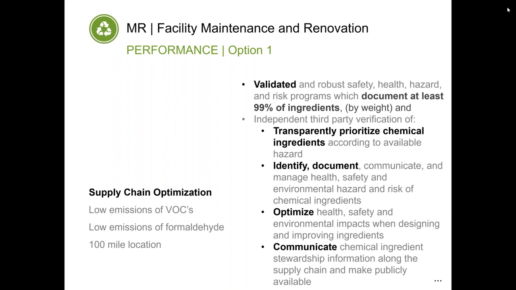And then you're looking for a third-party verification of chemical ingredients. You want to be able to identify and document the health, safety, environmental hazard, and risk of your chemical ingredients. Optimize health, safety, and environmental impacts when designing and improving ingredients. And then lastly, communicating your chemical ingredient stewardship information along the supply chain and making that publicly available. So for each of these, just really focusing on material transparency.